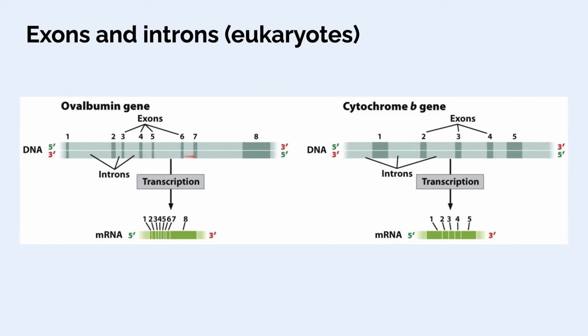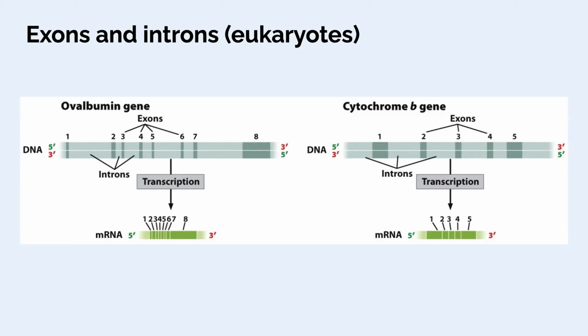So same length over this distance, and including the introns initially. And the introns are these regions that get taken out. So the transcript of a gene can be broken down into introns and exons. And introns are the ones that get removed.